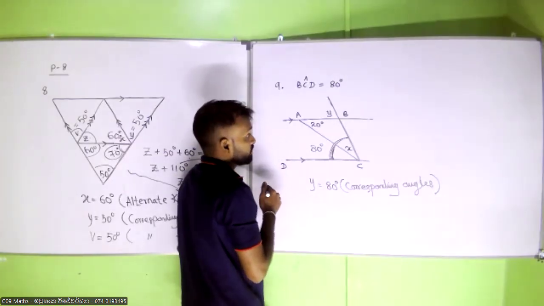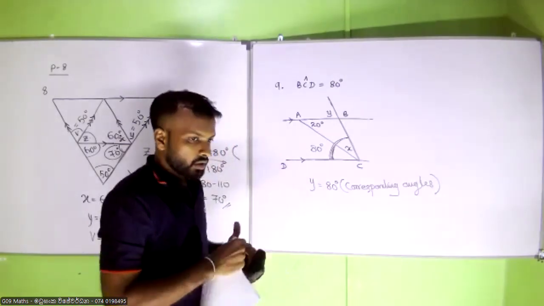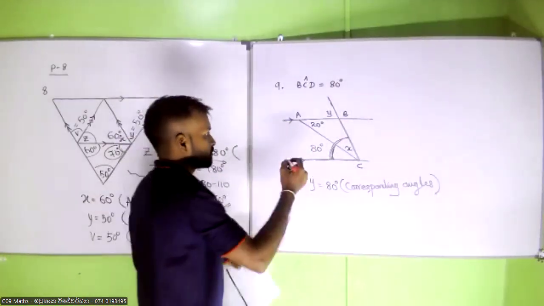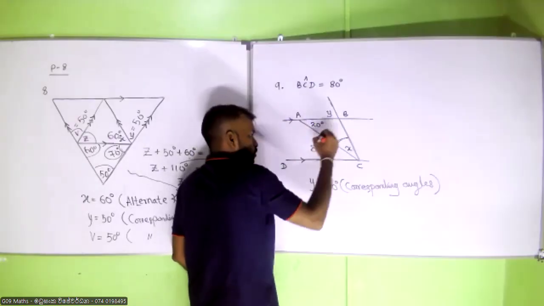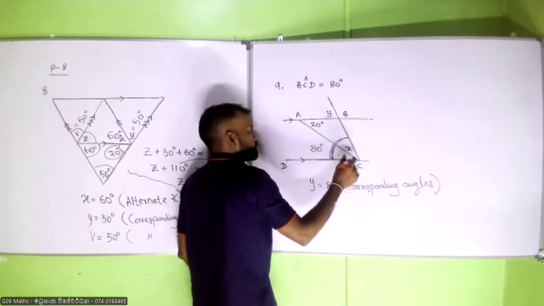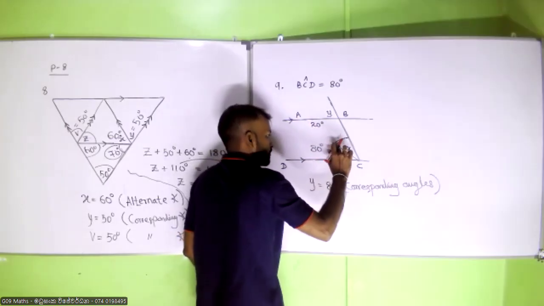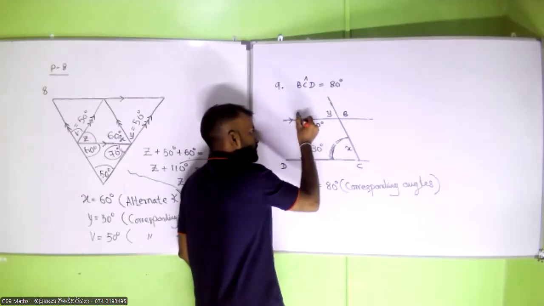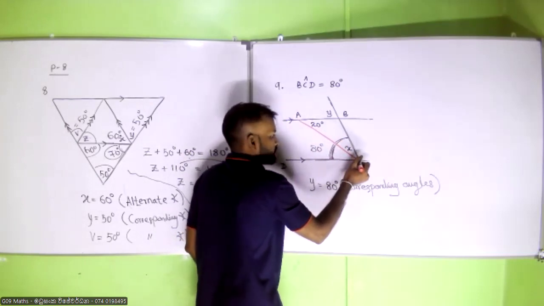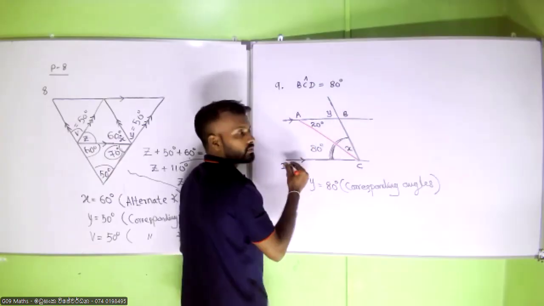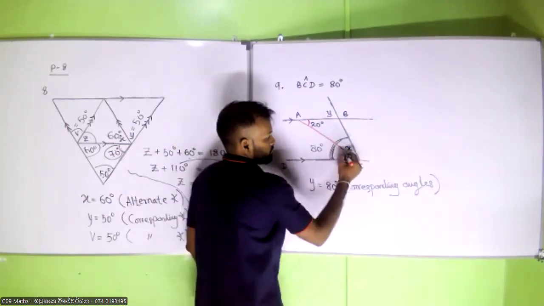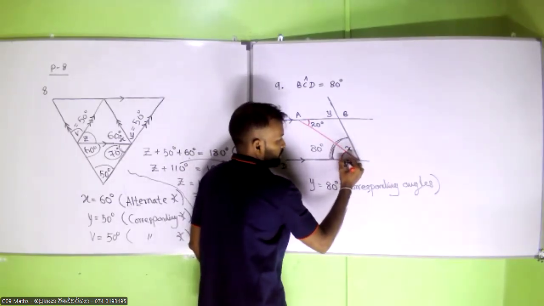Then you need to know that if you consider this 20 degrees, again two parallel lines, and AC is a transversal for these two parallel lines. 20 degrees, then this angle is 20 degrees also.